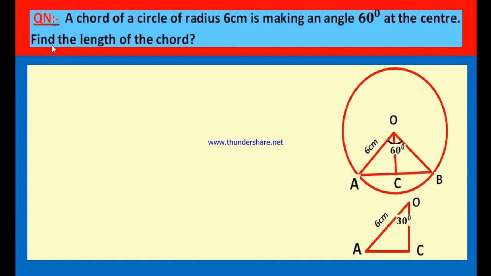Now what to find? We have to find the length of the chord, that is AB. In order to get it, let us drop a perpendicular OC from O onto the chord AB.